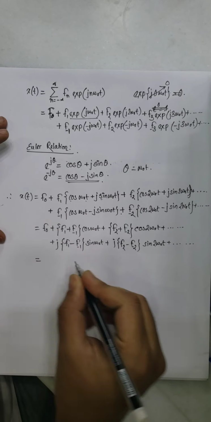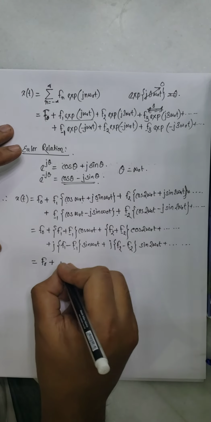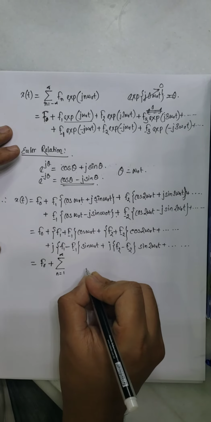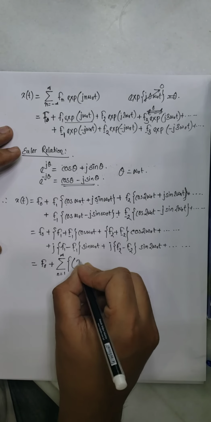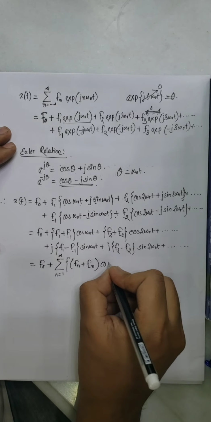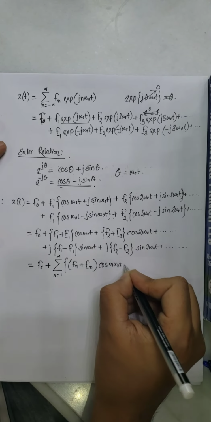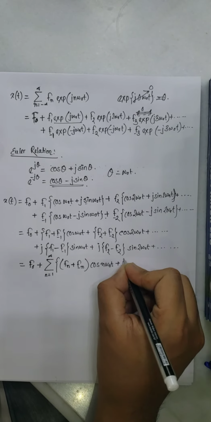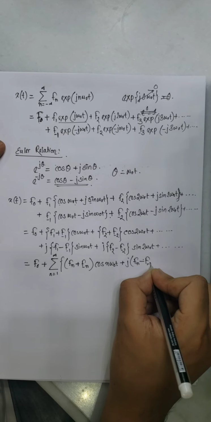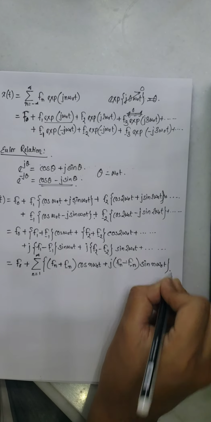If you observe carefully, this expression can be written as f0 as it is, and this one can be written as a running sum of n equals 1 to infinity, where the coefficients become f of n plus f of minus n times cosine of n omega naught t, plus j times f of n minus f of minus n times sine of n omega naught t.